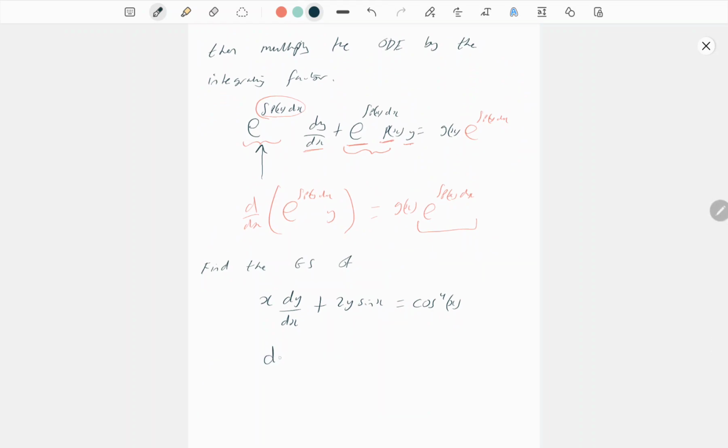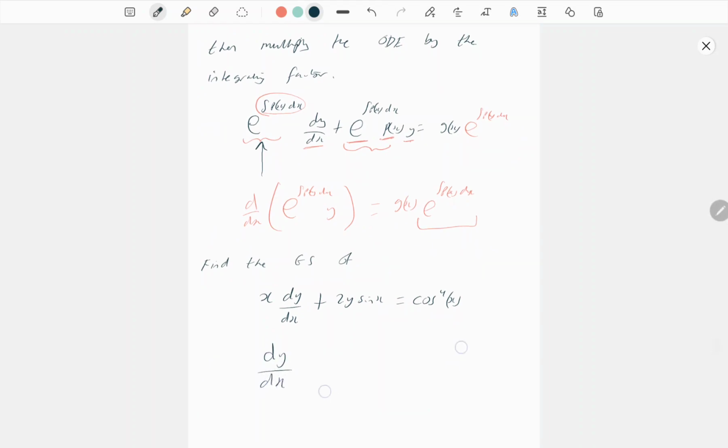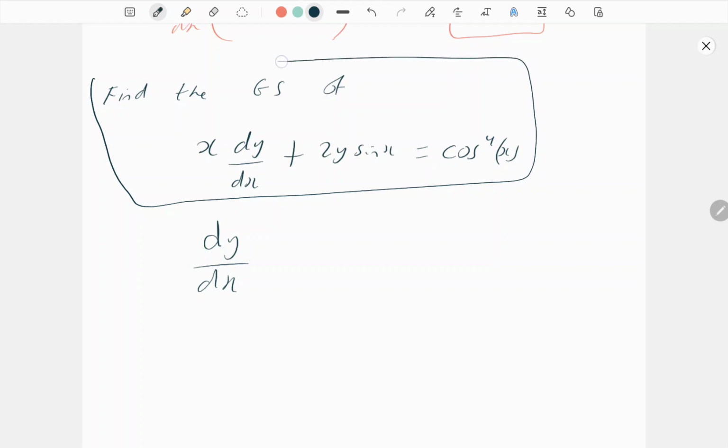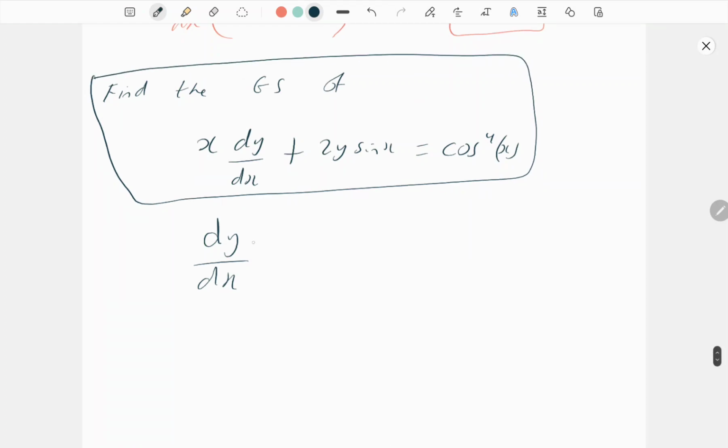So dy by dx plus 2 sine x over x y equals cos to the power of 4 x over x.